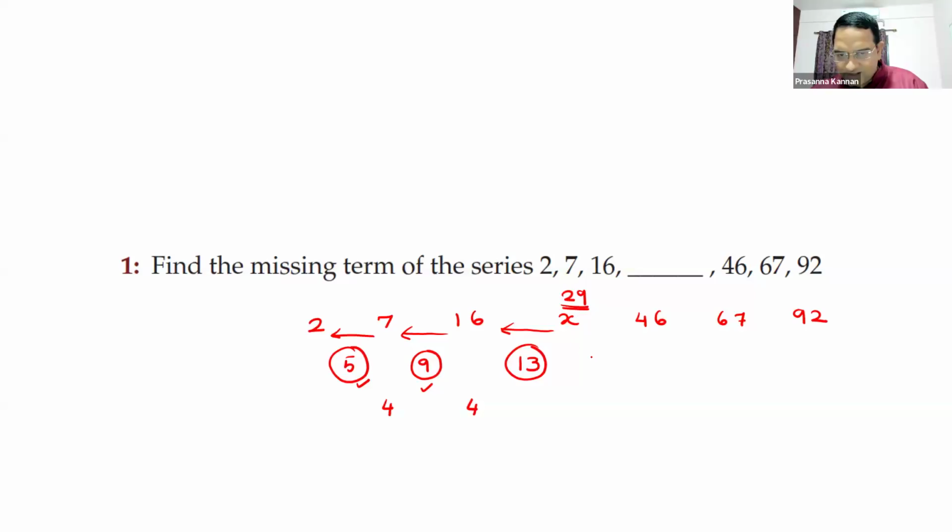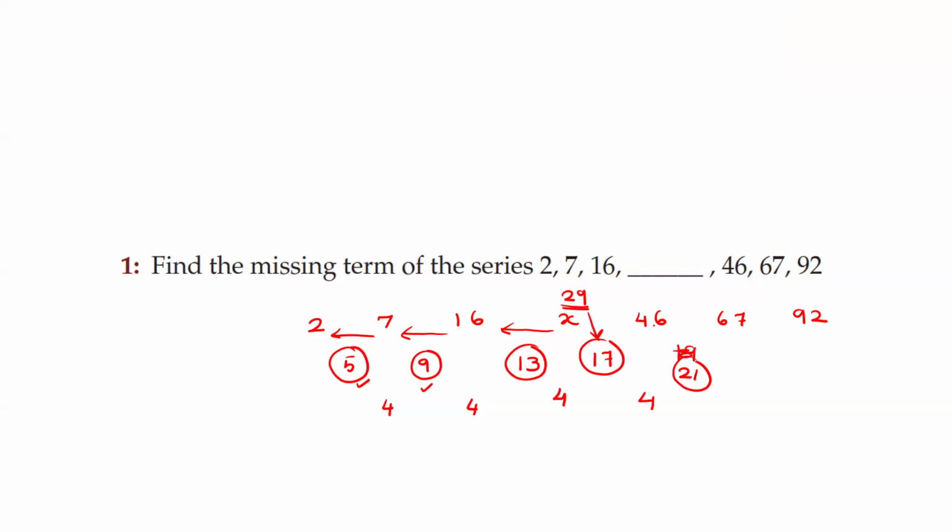Then let's verify, right? What is the next number? I have to add how much? 17, right? Then how much do I get? 46. Yes. Next, what do I add? Not 19. 21. Correct or not?